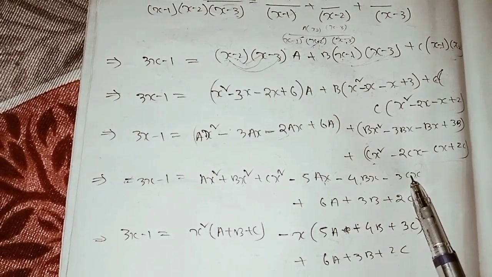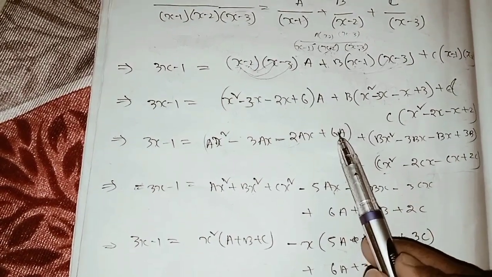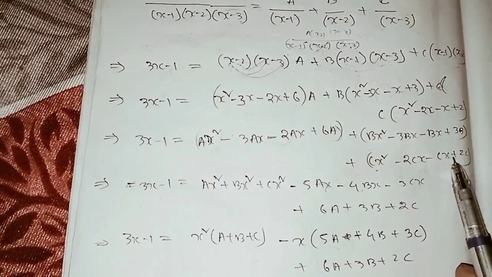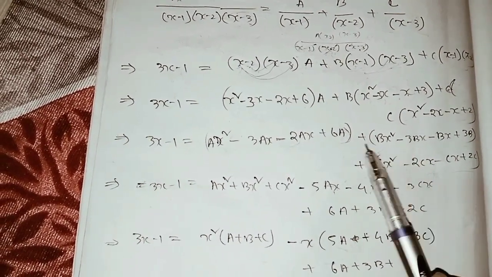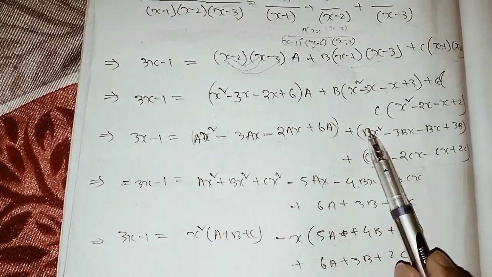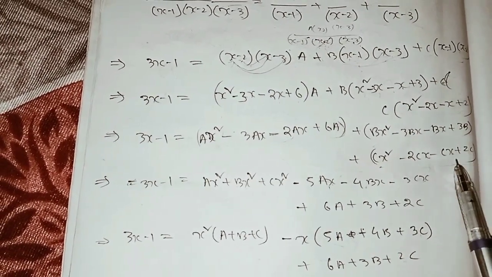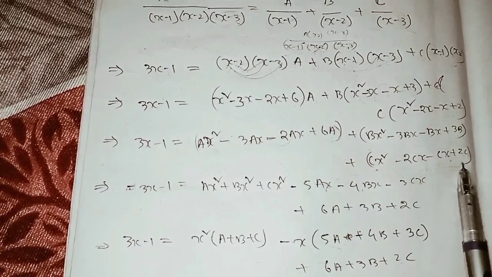But we have some remaining terms called constants: 6a, 3b, and 2c.